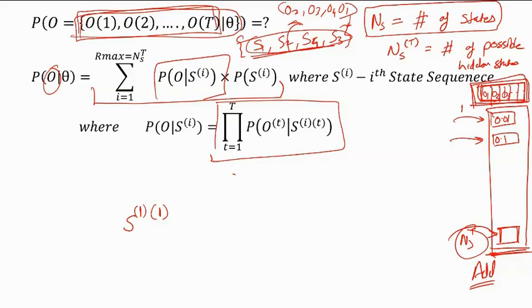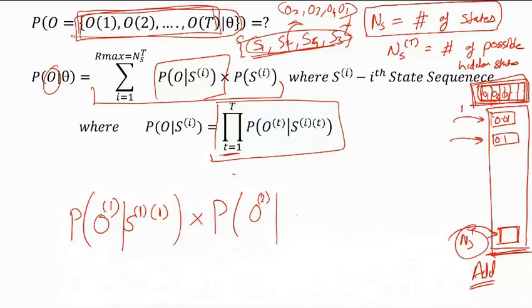The probability of obtaining some symbol at time small t equal to 1, say O1 symbol, multiplied by the probability of the observation at the next time step, observation 2, given sequence number 1 and the state number 2.